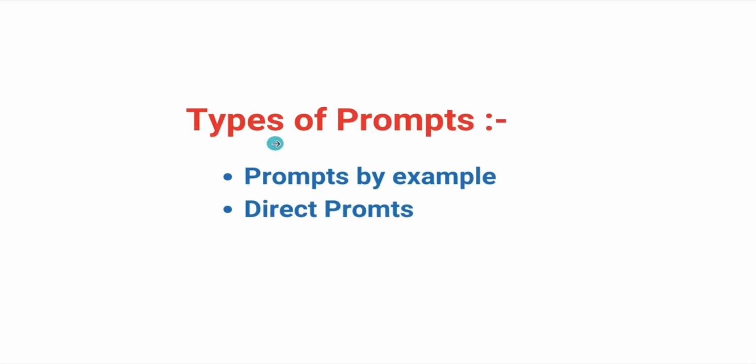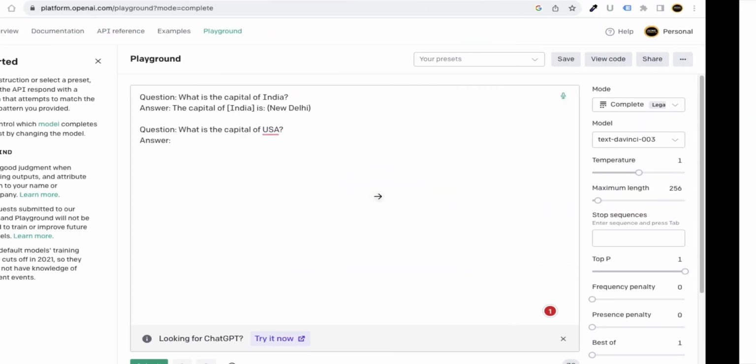Okay, so now we have two types of prompts. You have understood what a prompt is, so now let's talk about the types of prompts. We basically have two types: prompts by example and direct prompts. Let me make you understand with an example. Let's see the first example, prompts by example.